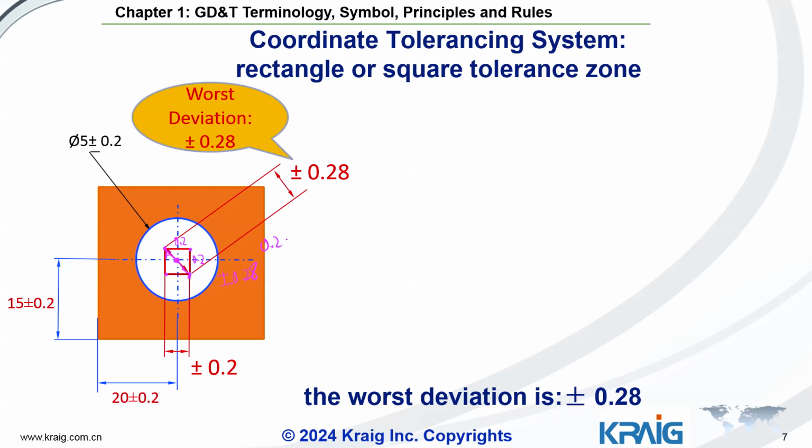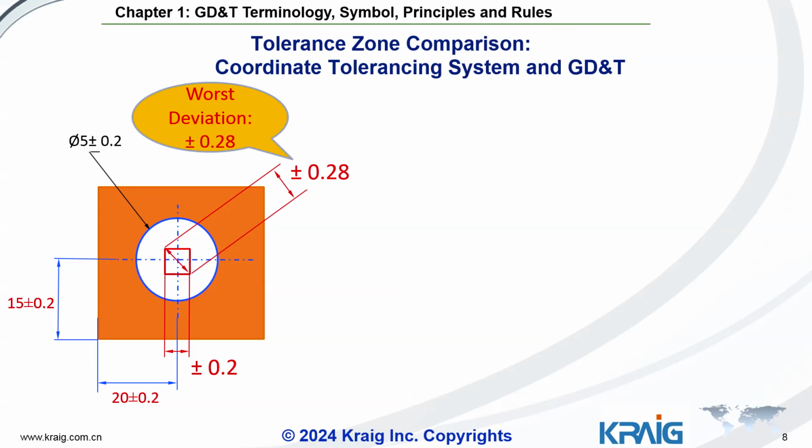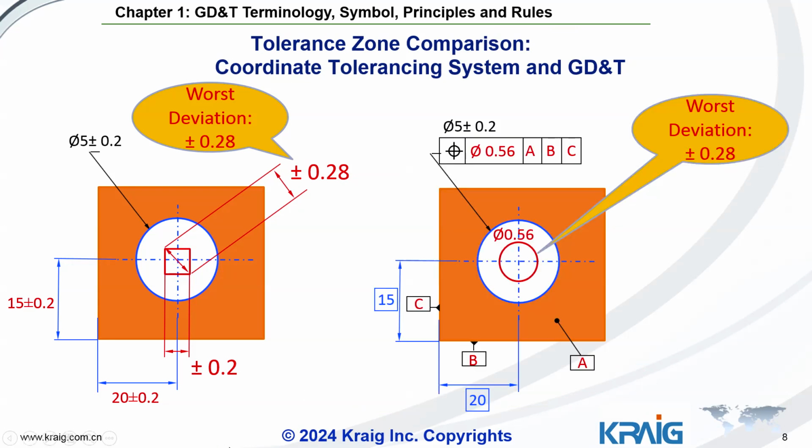So the worst distance will be plus minus 0.28. So in other words, this plus minus 0.2 allowed deviation actually is plus minus 0.28.